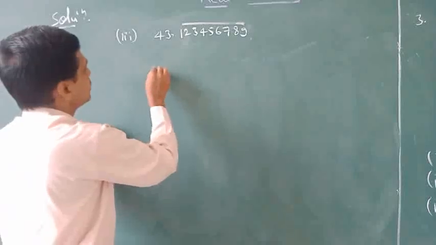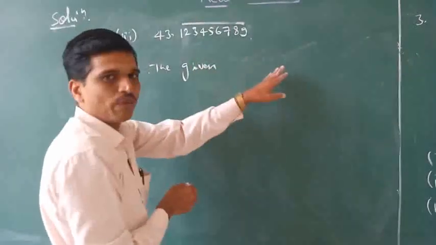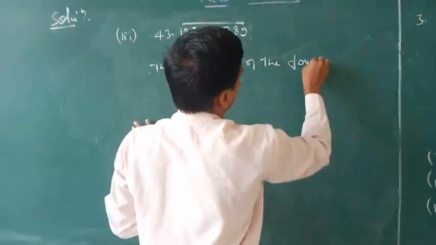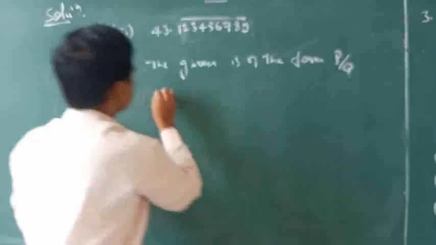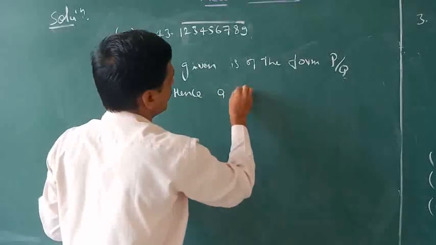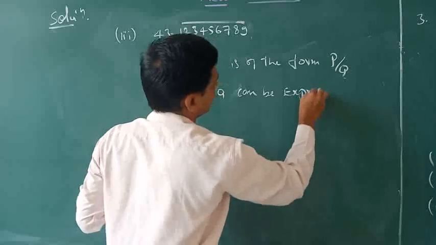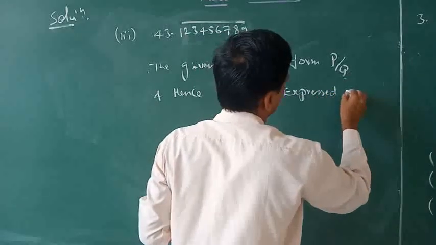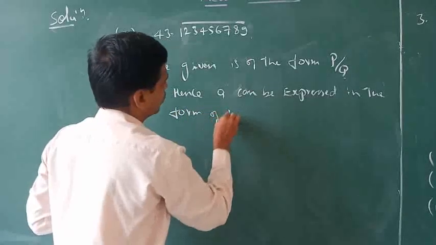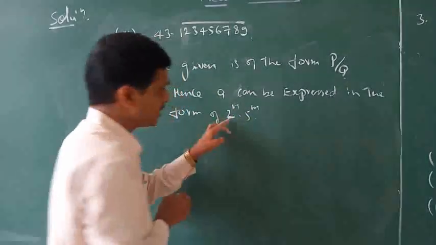Therefore, the given number is of the form p by q, and hence q can be expressed in the form of 2 to the power of n into 5 to the power of n, and other than this number also.